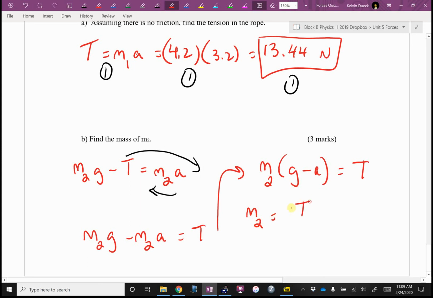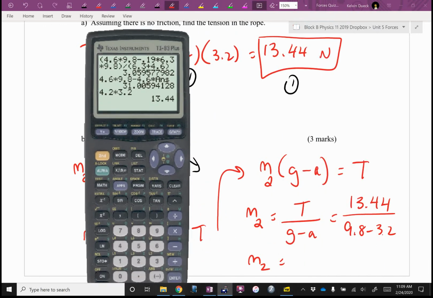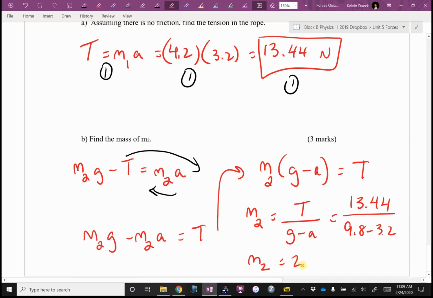M2 is going to be tension divided by G minus A. It's going to be 13.44 divided by 9.8 minus 3.2. You get 2.04 kilograms.